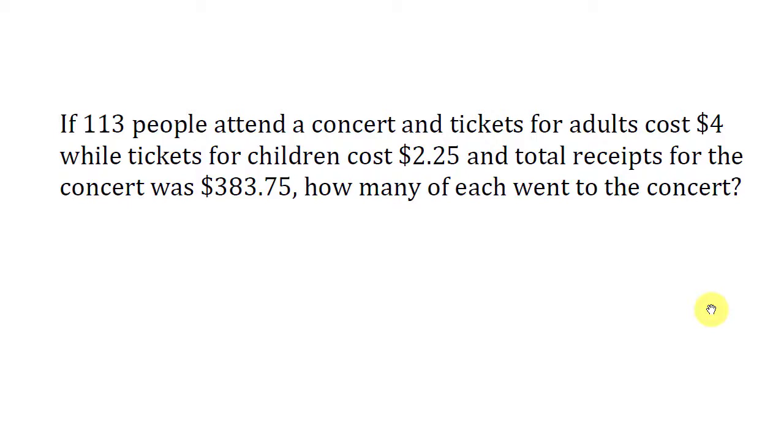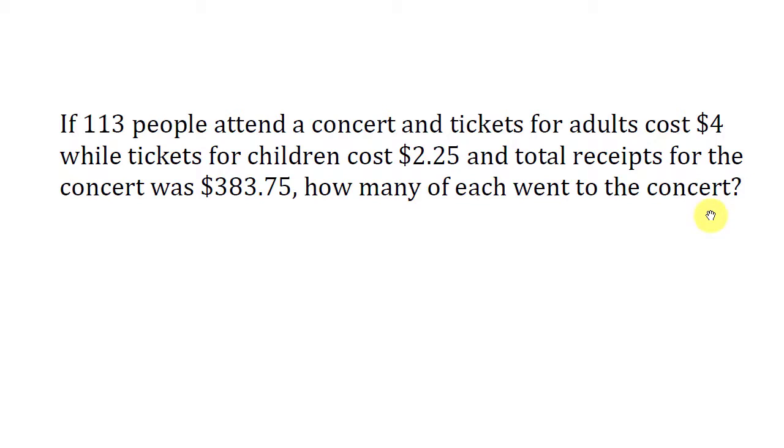After reading this problem, and to align with our guidelines, the first thing is to identify the variables. Among the people who attend the concert, there are adults and there are children. That's what we noticed through reading the problem.